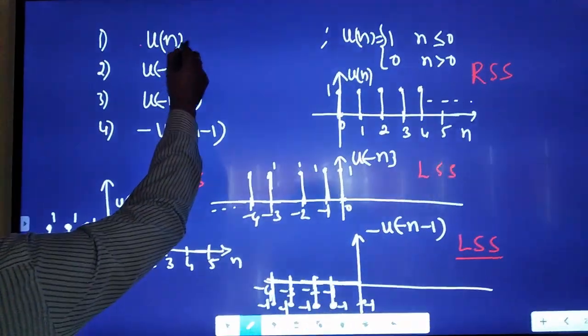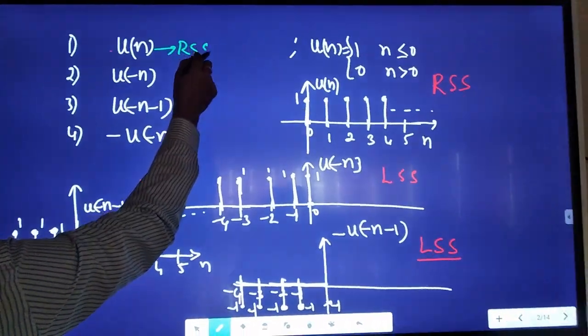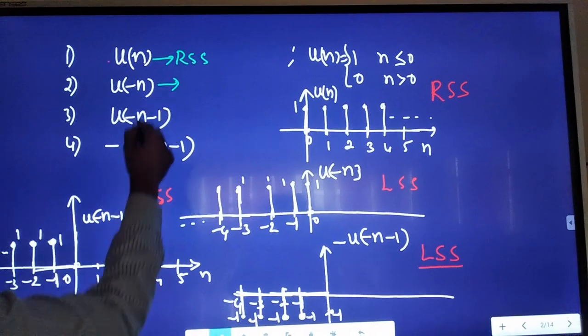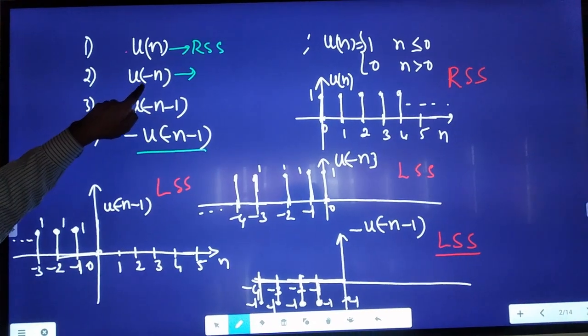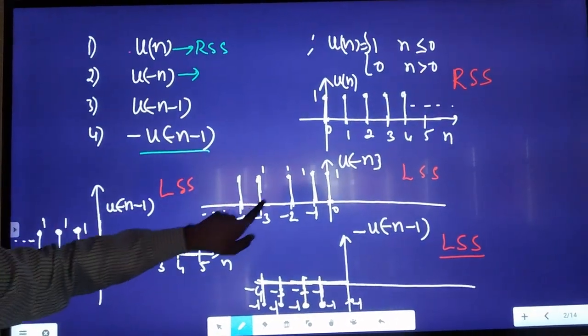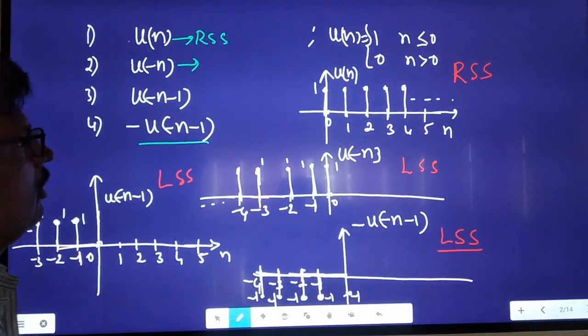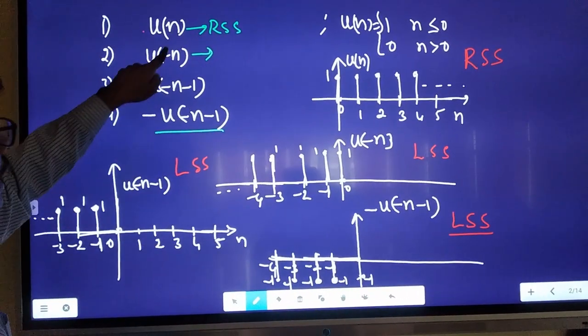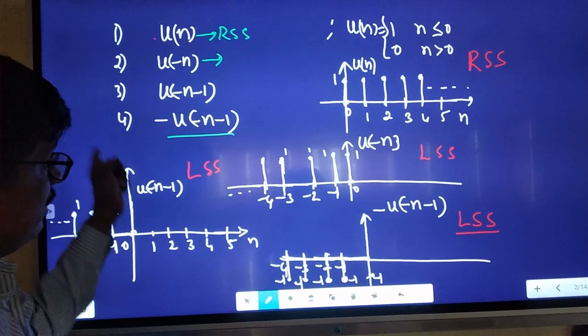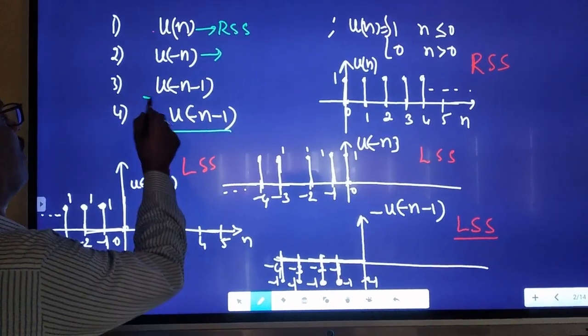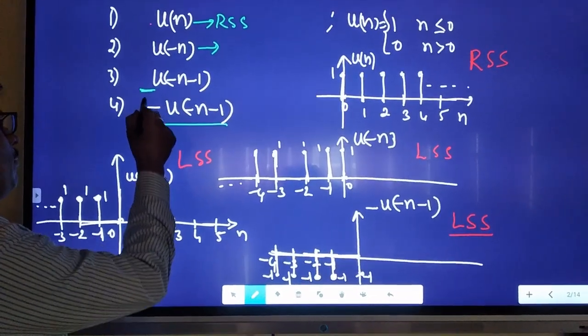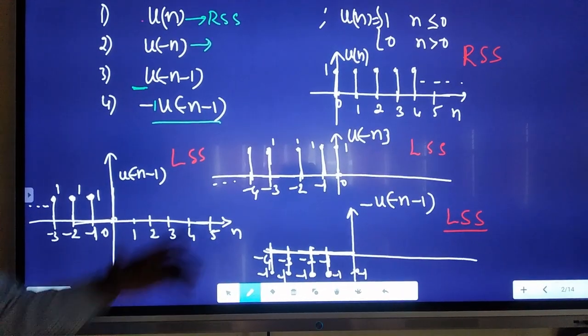For the right-sided sequence, I want u of n, RSS. For the left-sided sequence, he is giving this, but u of minus n is nothing but the mirror image of u of n. I want u of minus n minus 1, and in that I want the amplitude as minus 1 actually.